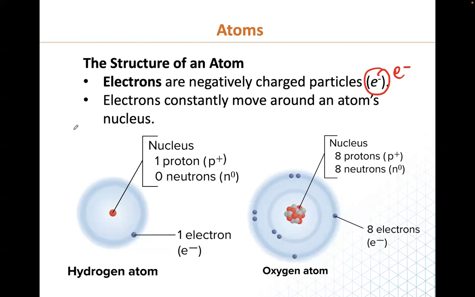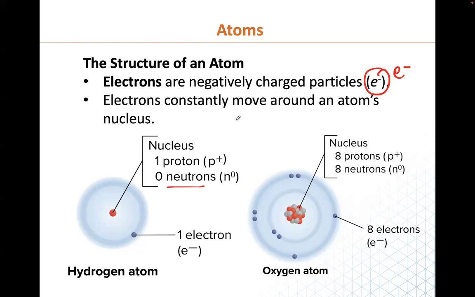This is something you need to understand very well. They move around an atom. As I told you before, let's say, for example, this is a hydrogen atom. It's got one electron and one proton with no neutron, because it's neutral. Oxygen has got 8 electrons, 8 neutrons, and 8 protons.